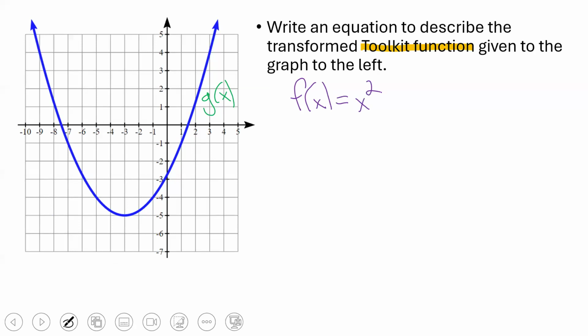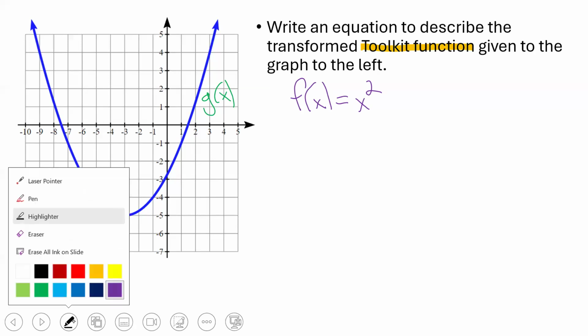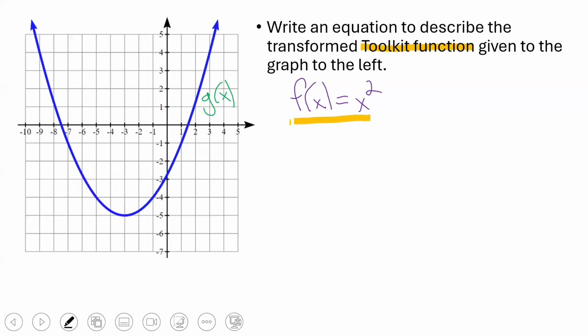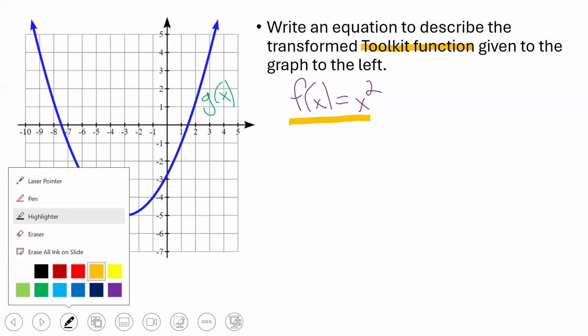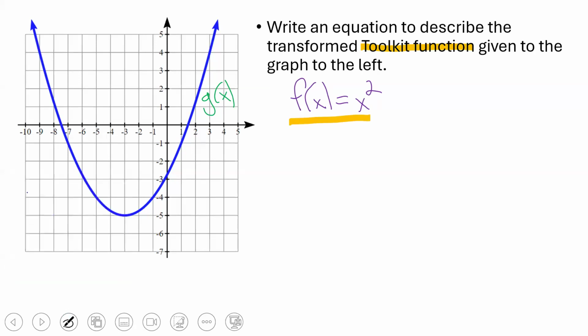Okay. And then when I am trying to find out the equation based on the base function, so this function f of x equals x squared, that's kind of our starting point, one thing I want to do is identify what transformations have been made to change the function f of x into the function g of x.